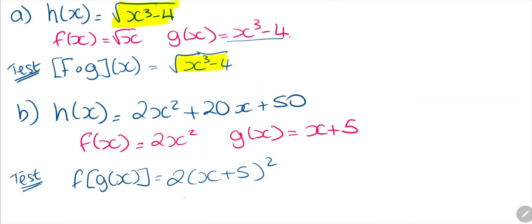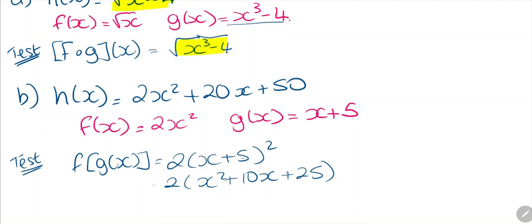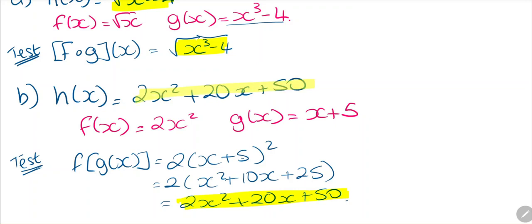Now if we expand this, we'd have x squared plus 10x plus 25. And if you multiply by 2, 2x squared plus 20x plus 50. So this here is our value for our h of x.